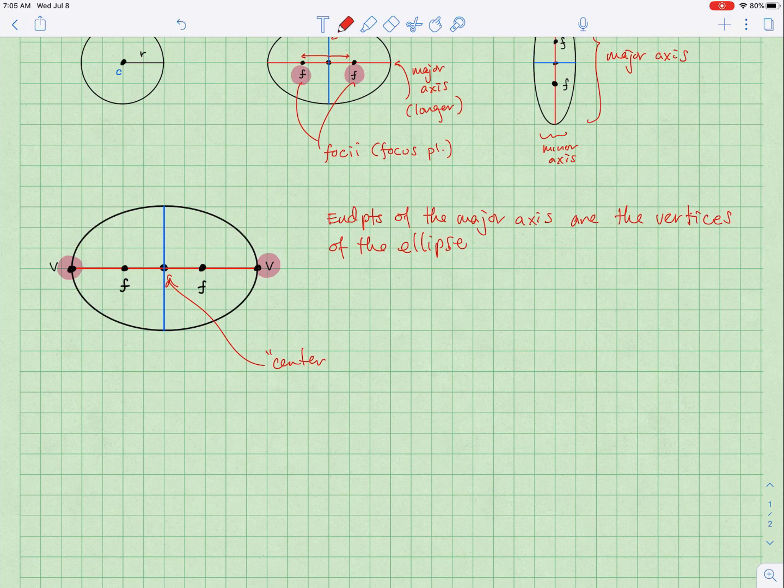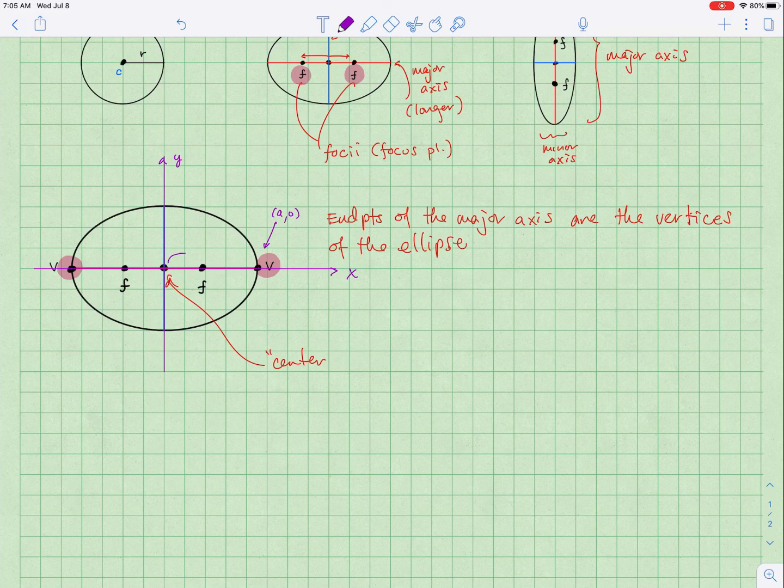Now, a couple of other features or values that we're going to be using. If this is centered at the XY axis, with the XY axis running along the middle here, we're going to give these points names. The vertex is going to be the point (A, 0).